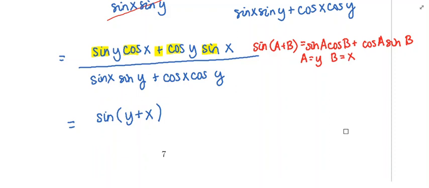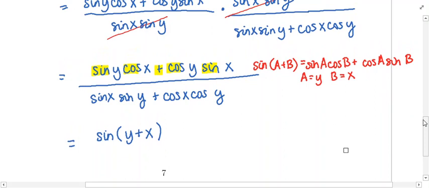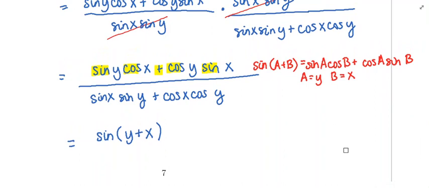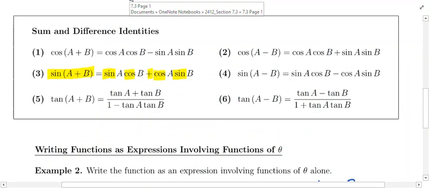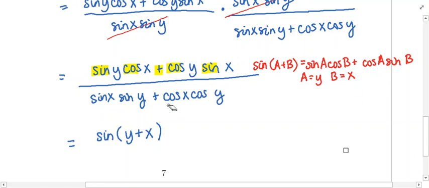Okay, in the bottom we have sine sine plus cosine cosine. So if you go back to page 1 and you try to match this up to one of these formulas, you don't really see sine sine plus cosine cosine. However, remember that when you add, you can add in either order.